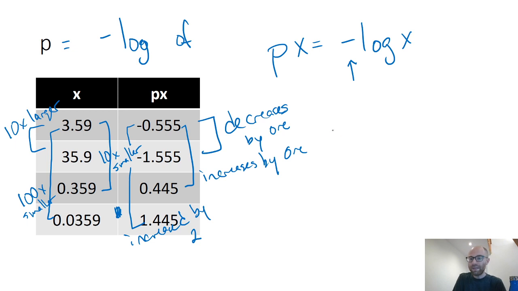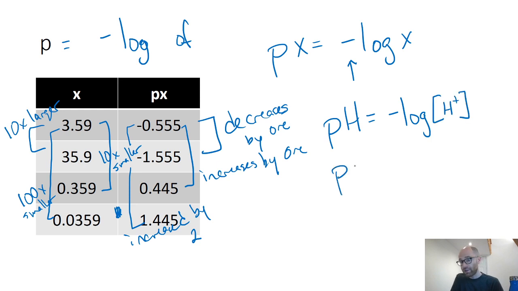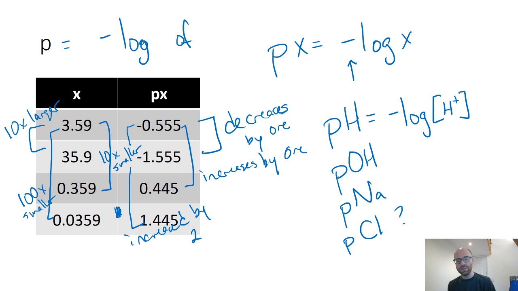So you can measure the p of anything. pH would be negative log of the H plus concentration. You could also measure pOH or pNa or pCl, whatever you want. There are probably reasons people would look at each of these, but since acids and bases are so heavily focused on hydronium concentration, measuring the pH is a natural progression.